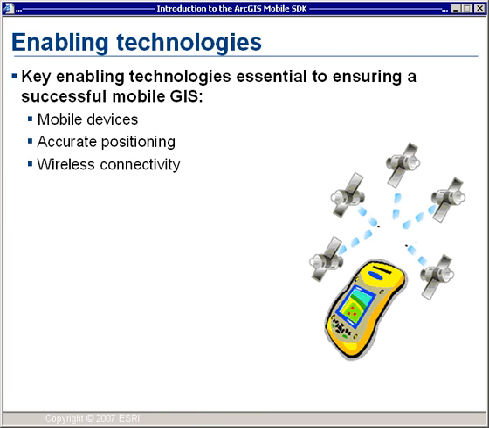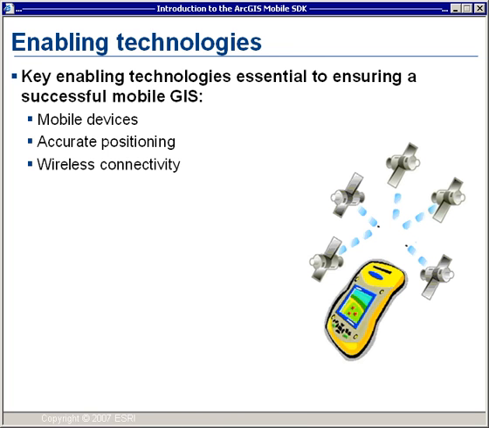As part of a successful mobile GIS deployment, there are really 3 key technologies that we need to understand. The first are the mobile devices. In the last 5 to 8 years, there have been huge advancements in mobile device technology. Today we have a range of different devices that we can leverage out in the field.